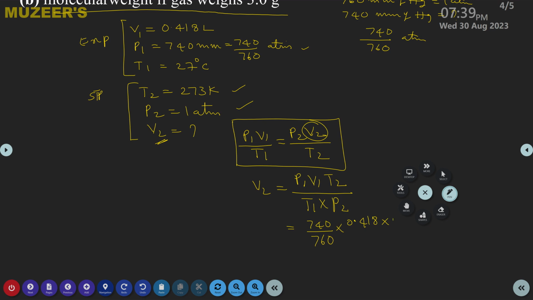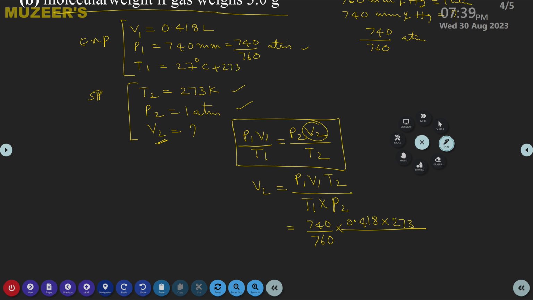That is 273 kelvins. 273 divided by T1, how much T1? 27 degrees centigrade plus 273, that is nothing but 300 kelvins. 300 into P2, how much? 1 atmosphere. So simplify this one. Then you can get answer. Do it. Do your own.